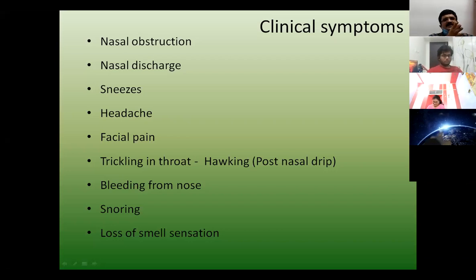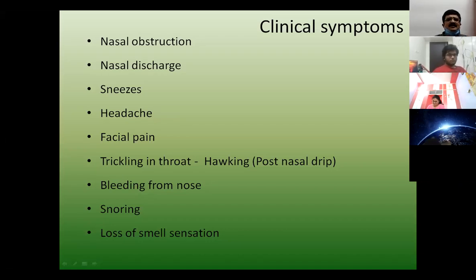Remember, the basic anatomy of the nose depends on the lateral wall of the nose and the medial wall of the nose, or the nasal septum. The medial wall of the nose consists of the nasal septum. The lateral wall of the nose consists of your turbinates and the respective meatus.